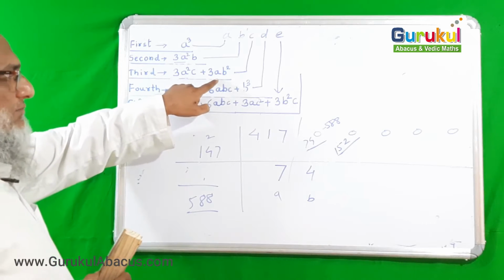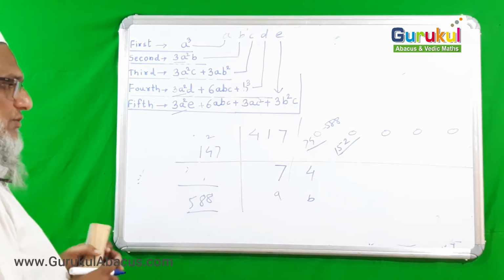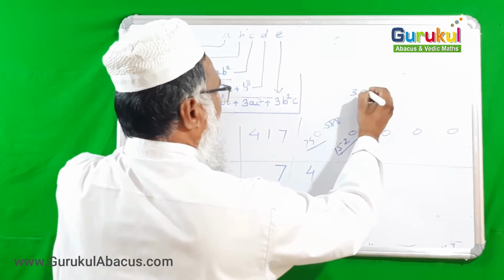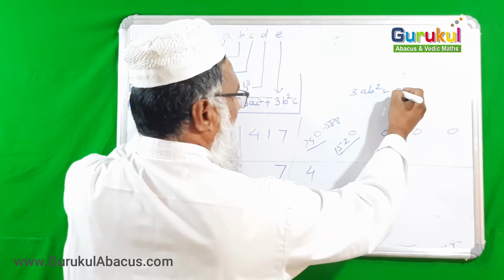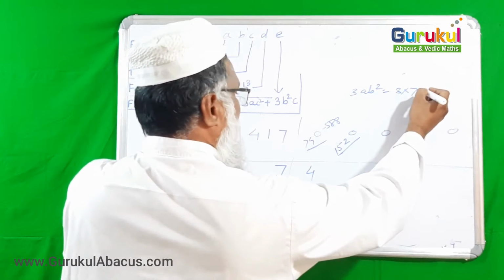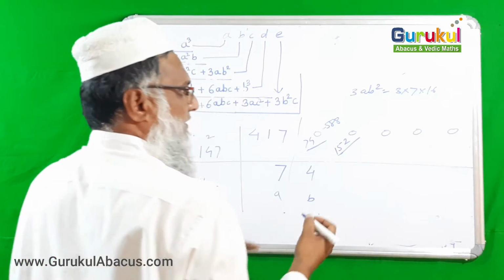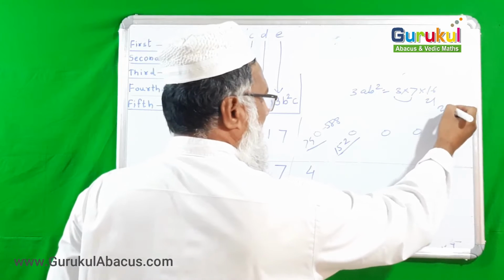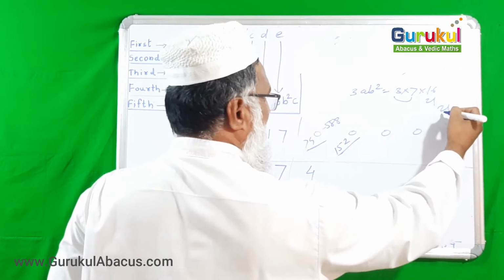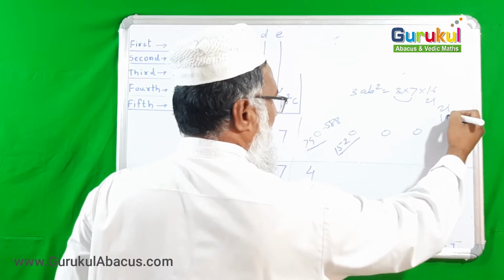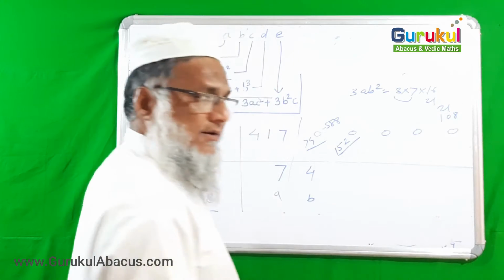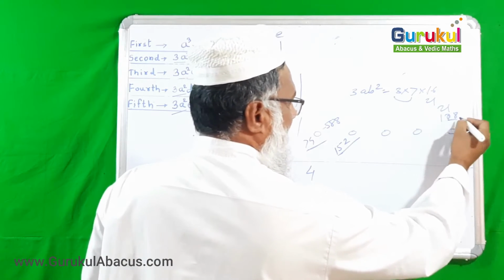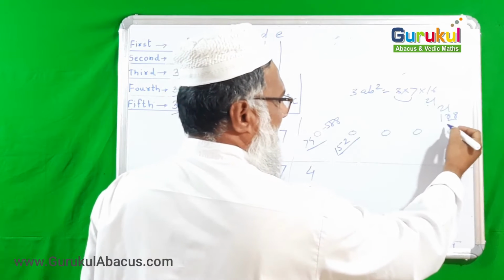Okay, so 3ab square we have to subtract. So let us find 3ab square with those values. So 3 into a is 7 and b square is 16. Okay, now 3 sevens are 21 into 16, 21 ones are 21 and 21 sixes are 126.